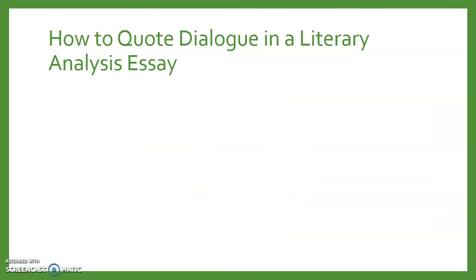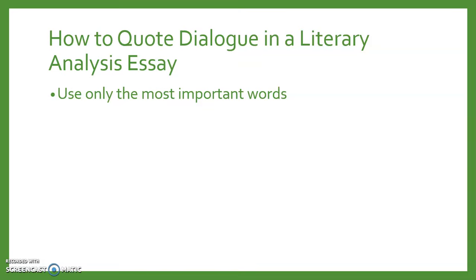So I want to wrap up by showing an example of how we can use dialogue to help us in a literary analysis essay. Check out the quotation video for more information about general quotation rules. But here's a couple that we would use when we're going to quote dialogue. Use only the most important words.